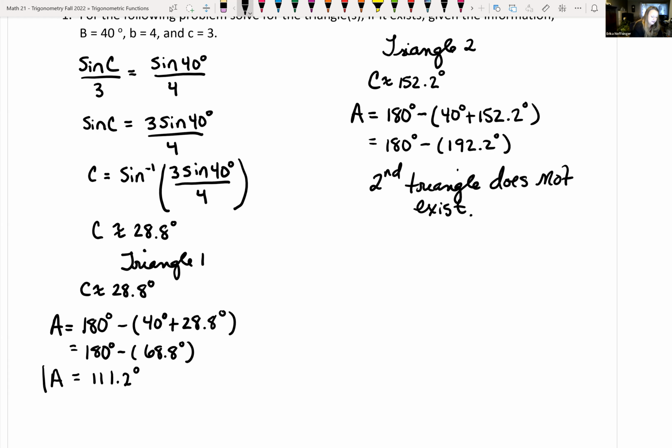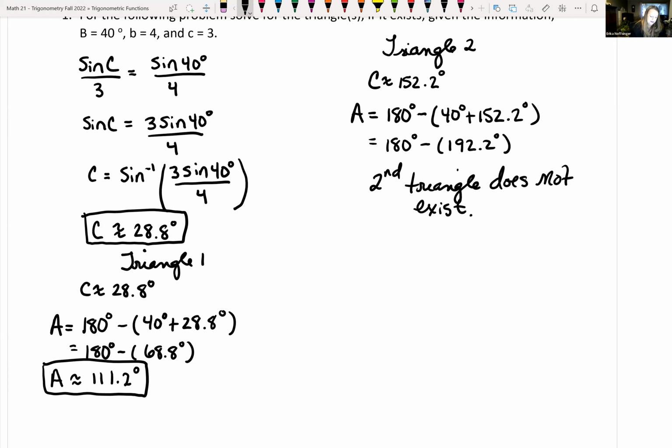Okay, so we know that our first triangle exists. We found out what angle A is. We found out what angle C is. I'm going to say approximate because we've been rounding. Now we just need to figure out what side A is.